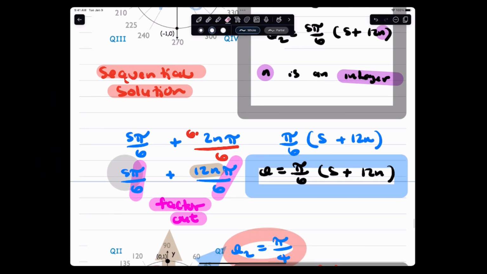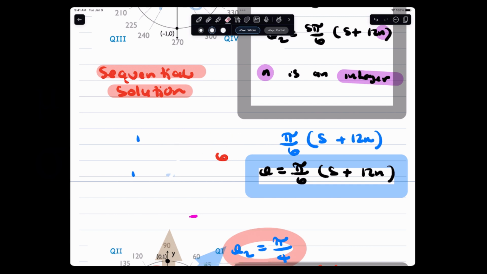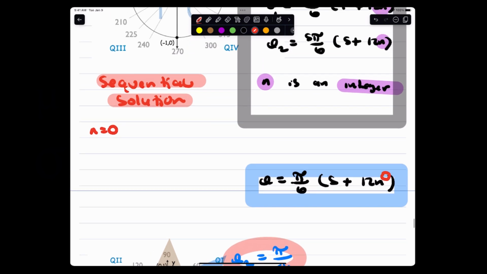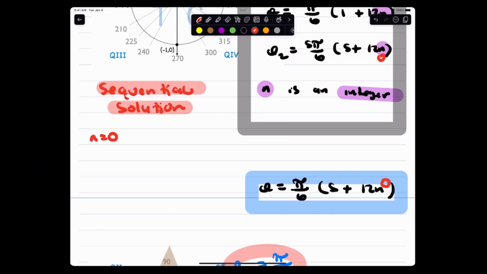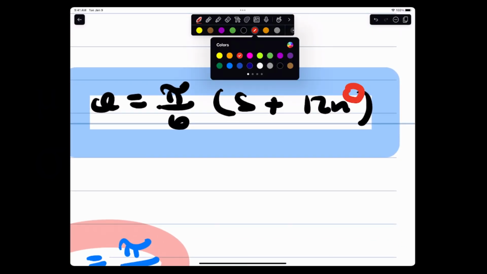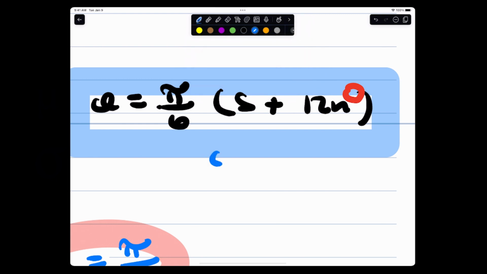Okay, so I'm going to erase this. It's in your notes, it's in the video. Factor out that multiple of pi over 6 again, and you're going to get this version. Now you say, well, how do I use this? Well, you can start with n equals 0. If I plug in 0, what's 12 times 0?